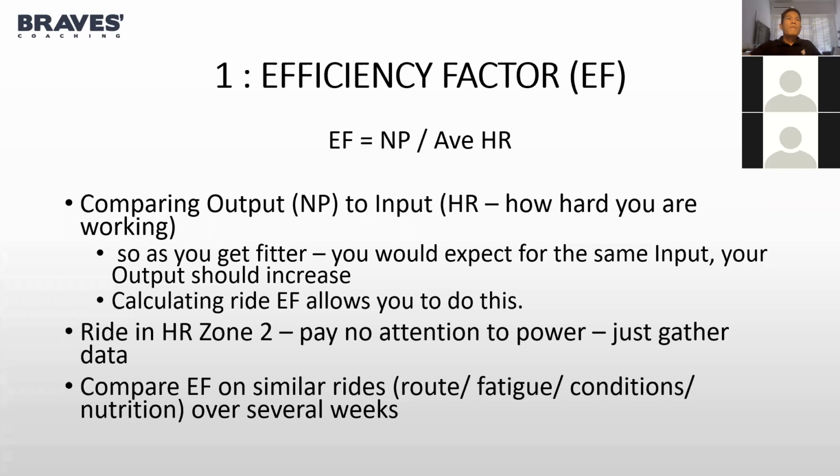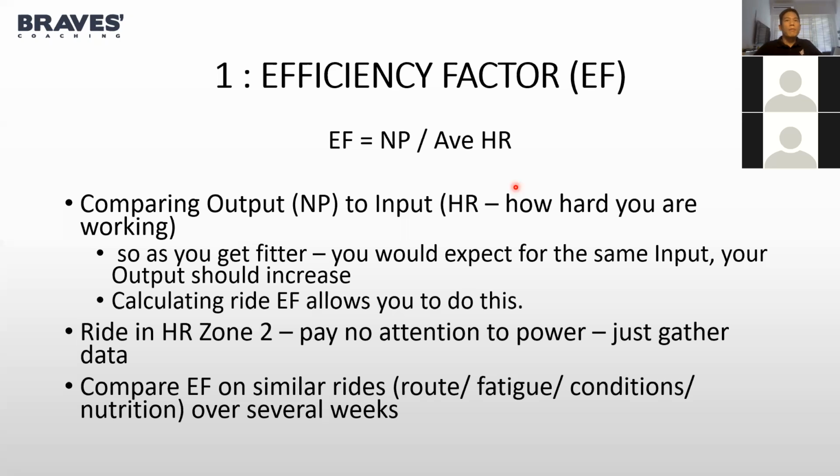Okay. Efficiency factor is the first one of the 3 points that we were talking about today. How to calculate it is your normalized power of that ride as a ratio of your average heart rate, which is why heart rate and power work hand in hand. It's not one or the other. Comparing power output, which is your normalized power, to the input, which is how hard you're working.